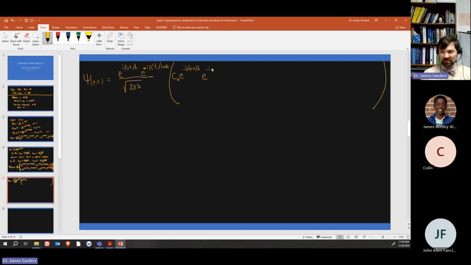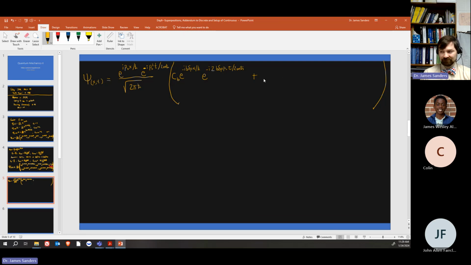And then this one would be basically 2b delta p p naught t over 2m h bar. So 2b delta p p naught t over 2m h bar.